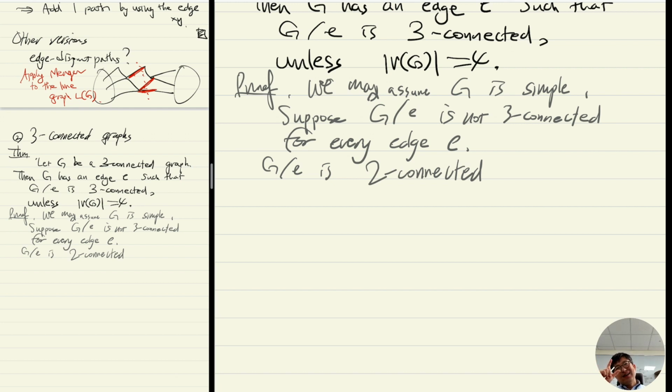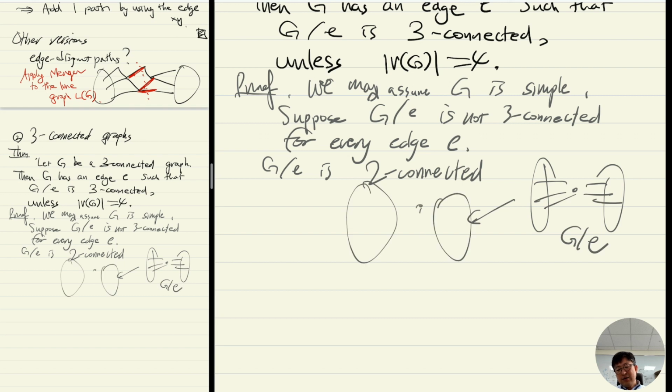If you contract an edge in a 3 connected graph and it has a cut vertex, then when you uncontract, you may have a picture like this, where this is E, and you have a vertex cut of size 2. It's a contradiction, right? G doesn't have such a thing. So G contract E is 2 connected.